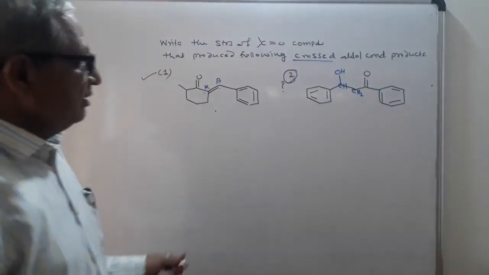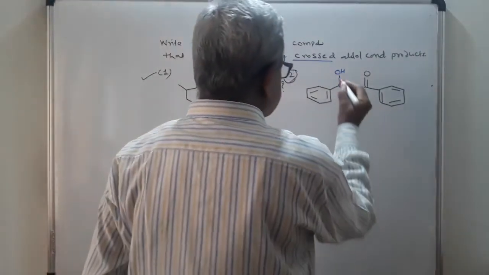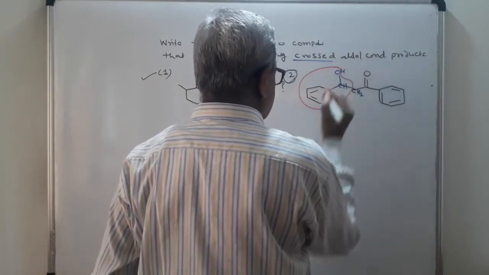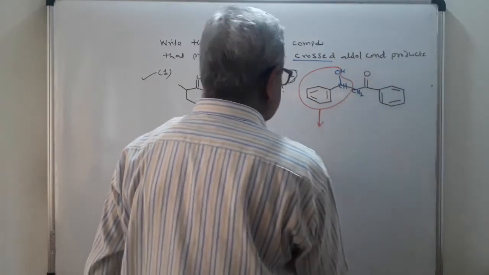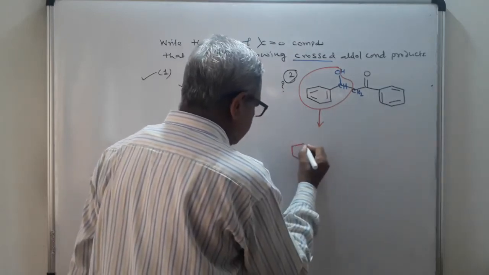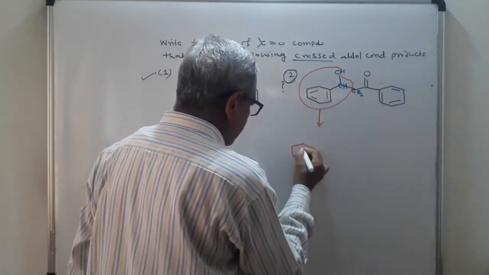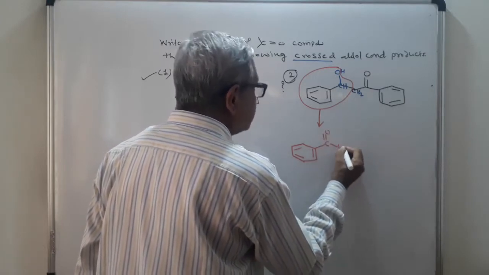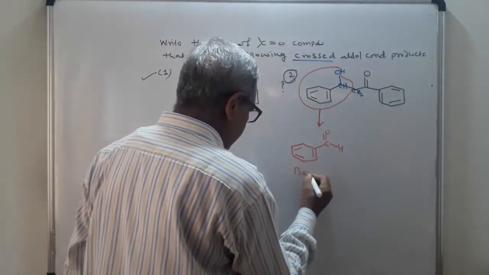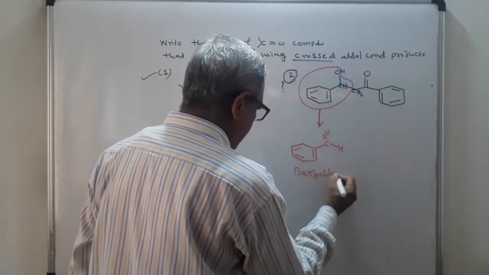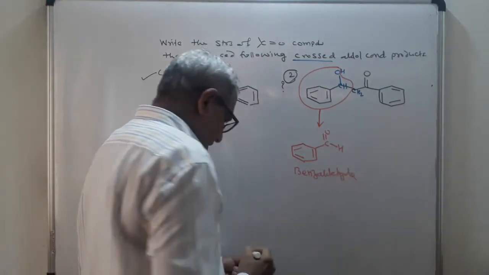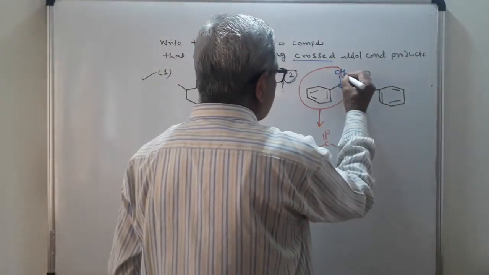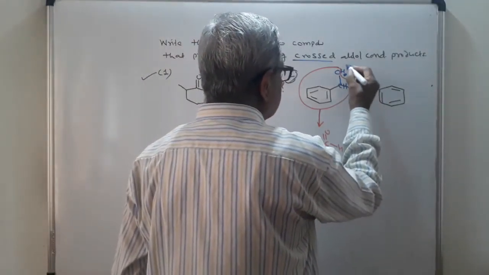See here, the first product will be like this. You will combine this one. The first carbonyl compound is like this: a benzene ring, C double bond O H. This is benzaldehyde. Now see the second molecule. In the second molecule, this hydrogen combined with this CH2.